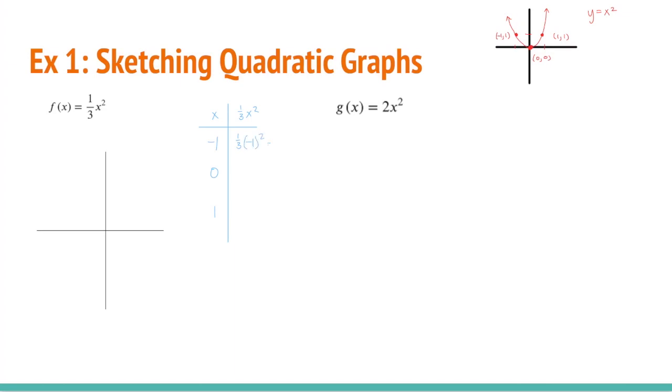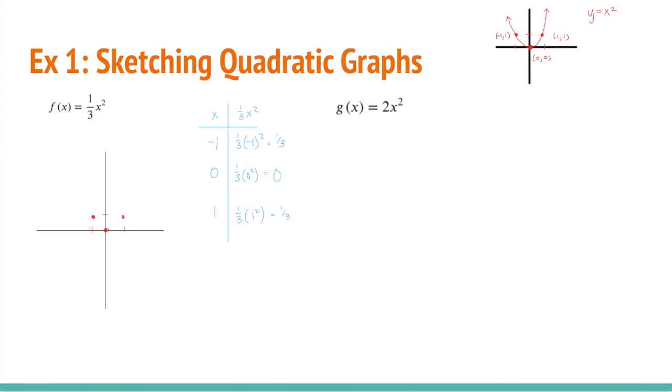So I'm going to do negative 1, 0, and 1. When I plug in negative 1, I get 1/3 times negative 1 squared, which is 1/3 times positive 1, which is just 1/3. I have 0, and when I plug in 1/3 times 0 squared, I only get 0. When I plug in 1, 1/3 times 1 squared is just 1/3 again.